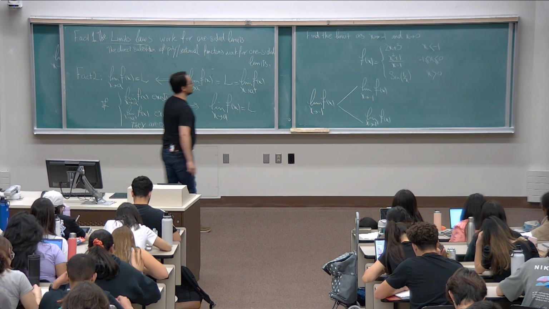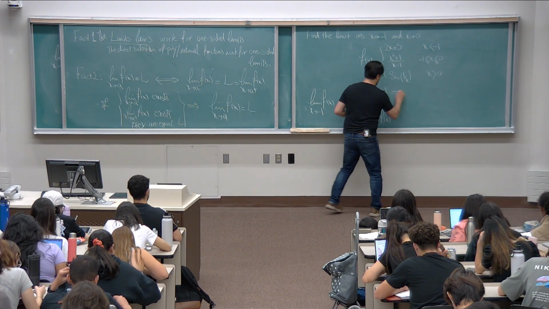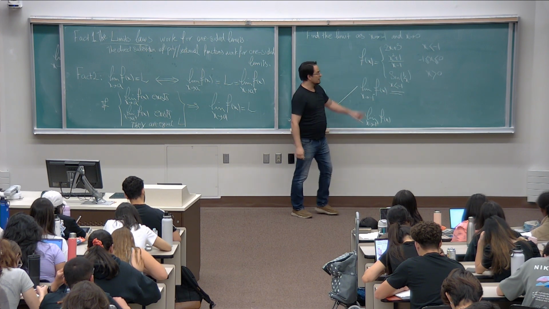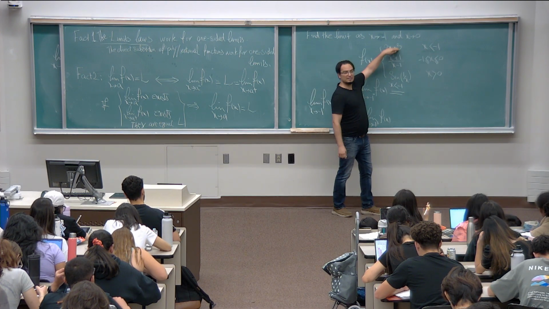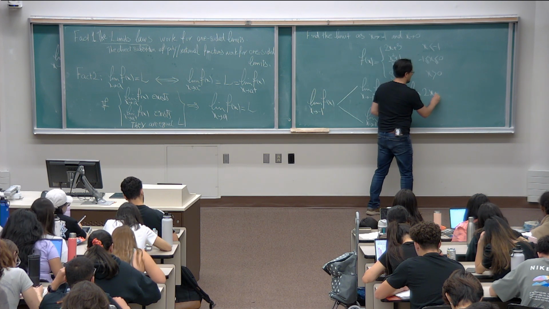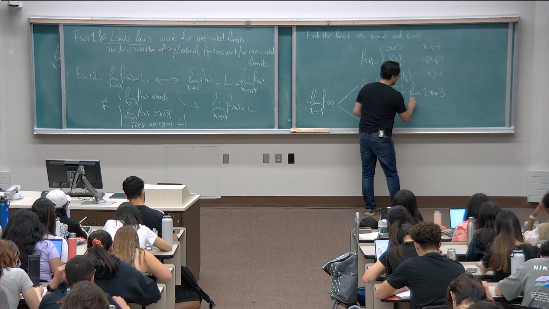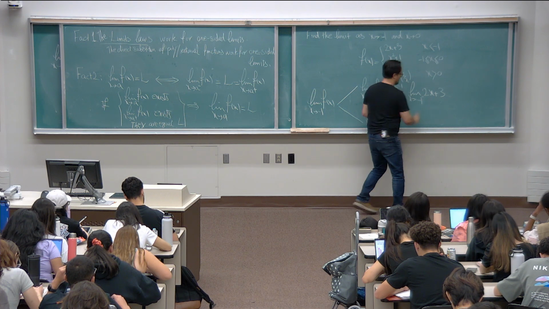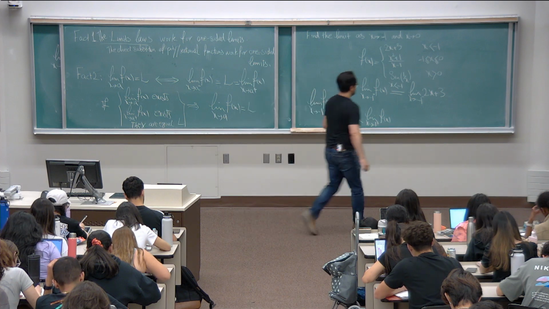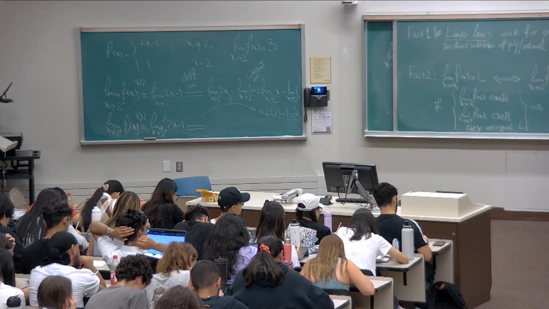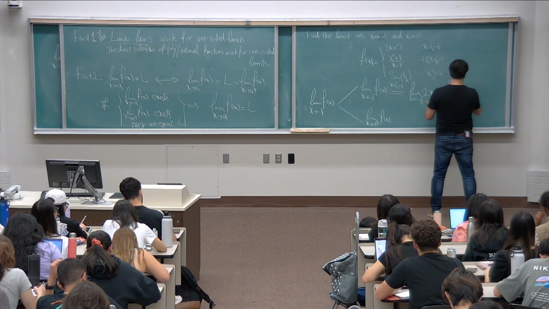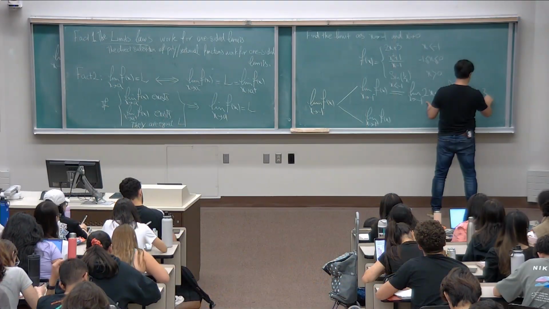Why is this going to help me? Because if I'm approaching -1 from the left, this means that I'm working with this formula. So this will give me 2x plus 3 as x approaches -1 from the left. Then this is direct substitution, and this will be 2 times -1 plus 3, which is 1.